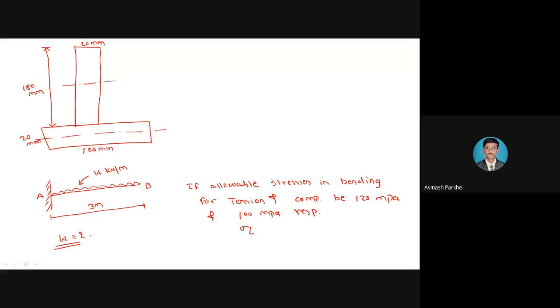That means sigma T is given 120 megapascal. Sigma C is given 100 megapascal. Okay.